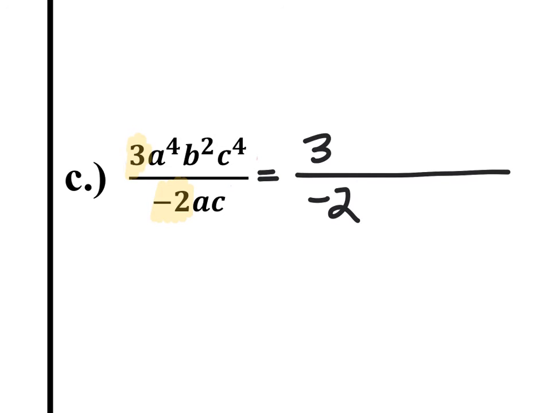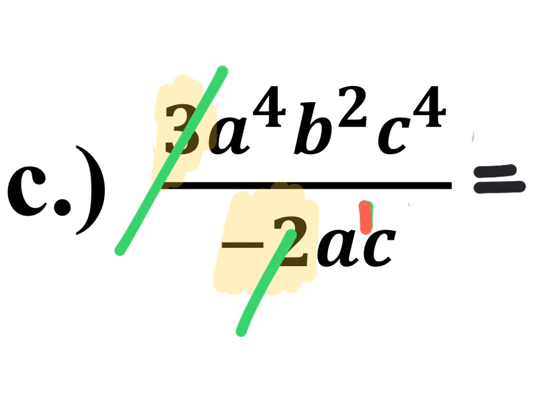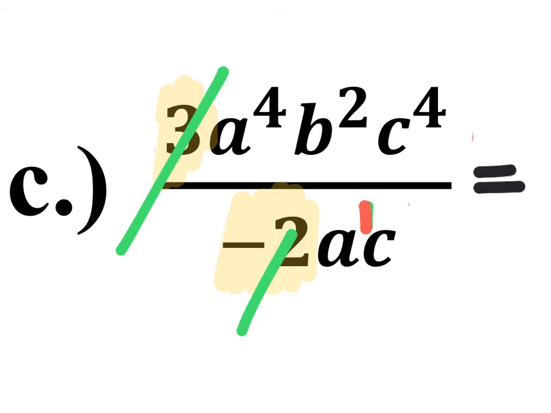Okay, next, let's look at the A's. So we took care of these. A to the 4th over A to the 1st. Same base, division. What do I do with my exponents? Subtract. Here's how I usually write this, and if you like to do this, it might help you. It just makes it go quicker, in my opinion.